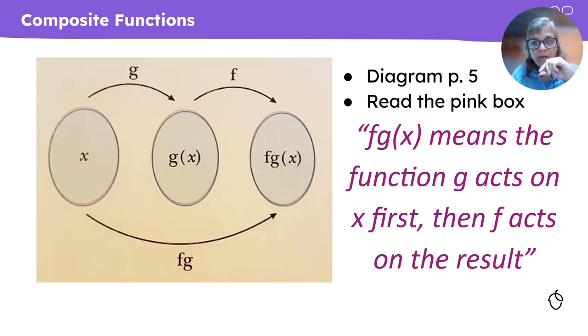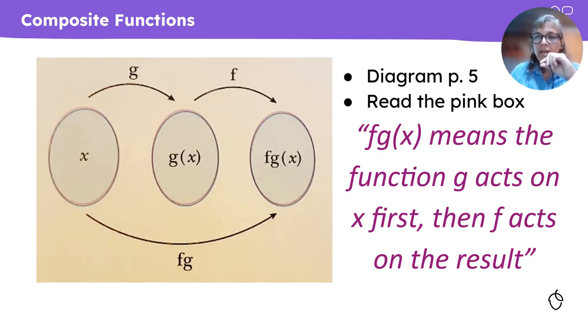So as you're going along, first you have the x, and then you do the action of g, and after that you do the action of f. So fg of x, first you do g, then you do f. And the order is important, so that's why they diagram it and help you to see that the thing that's closest to the x happens first, and the output of that becomes the input to the next function.